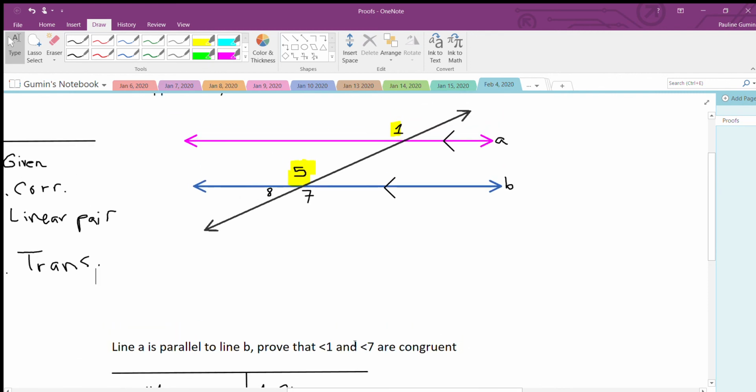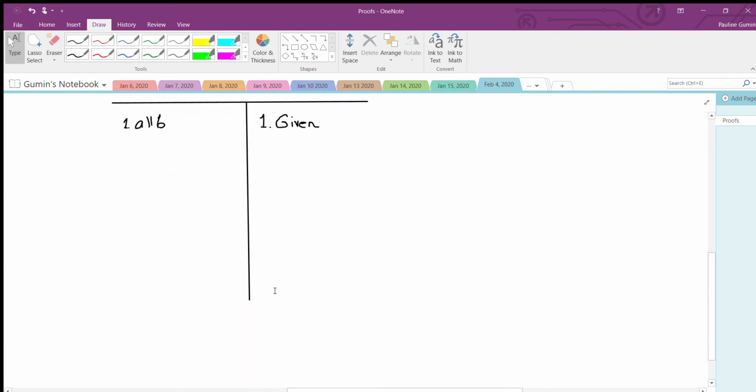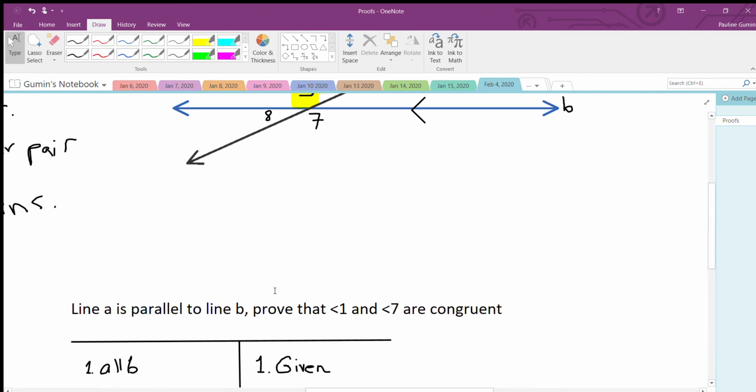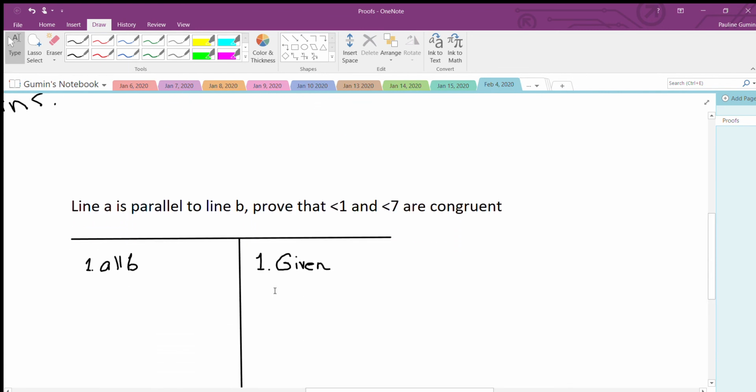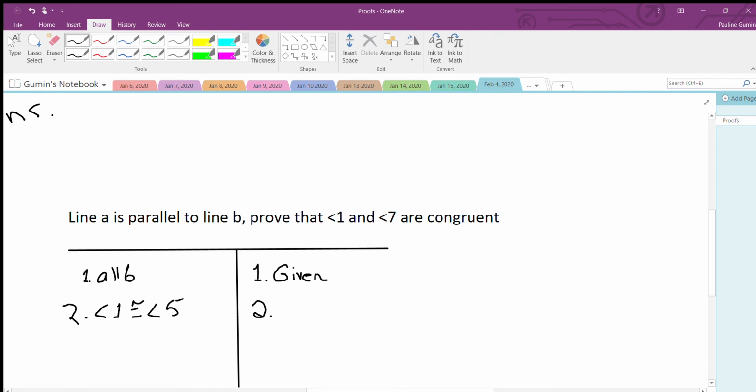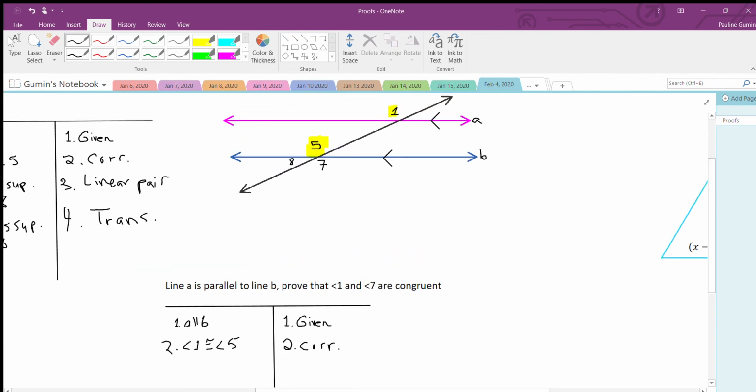So again, I want to make a connection between line A and B. So I think our first step is to make that connection and write that angle 1 is congruent to angle 5, and that's because they are corresponding. All right, so we connected line A to B, which is helpful.